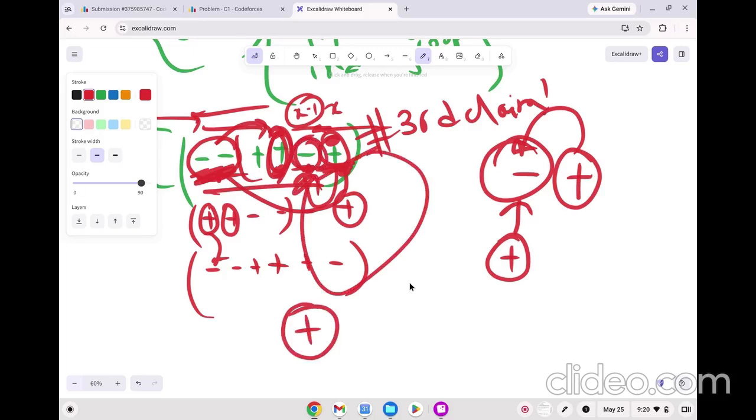Now on my left, if there is a plus, then I know for sure that this plus will convert this into a positive number, right?